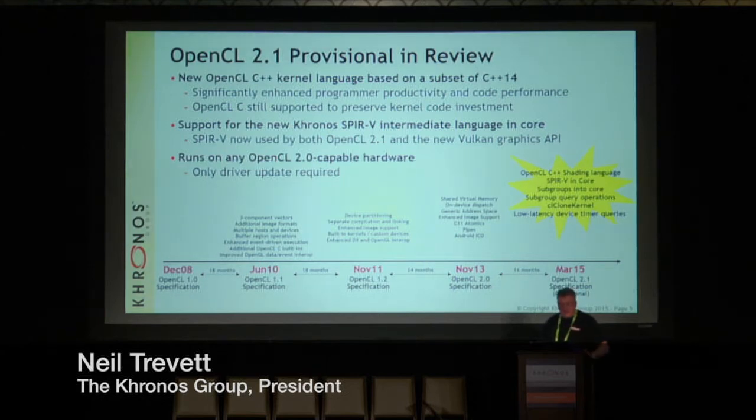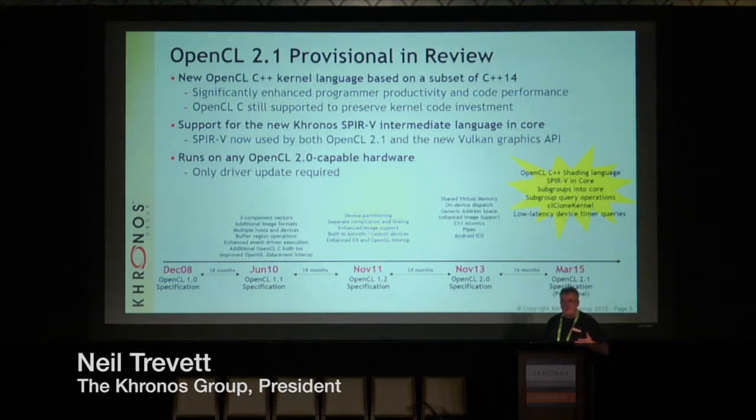In terms of the roadmap, we've just released, back in March, OpenCL 2.1 in provisional form. That means we think the spec is correct, but we want to get the industry's feedback before we finalize the specification. So OpenCL 2.1 provisional was at GDC in March.